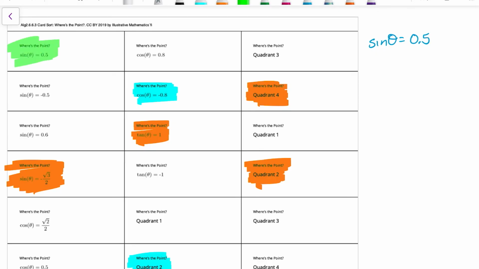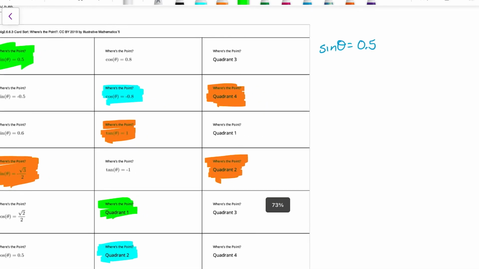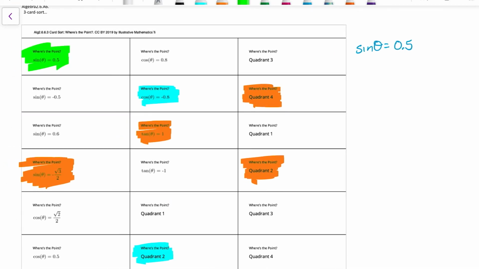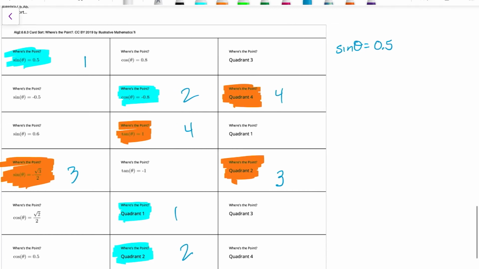That way they're color-coded. The green and the blue are possible. The orange is not possible. Let's put those back and make those numbers. We did that one first, that one second, this one third, and this one fourth. Okay, so we're looking at that one in quadrant 1.